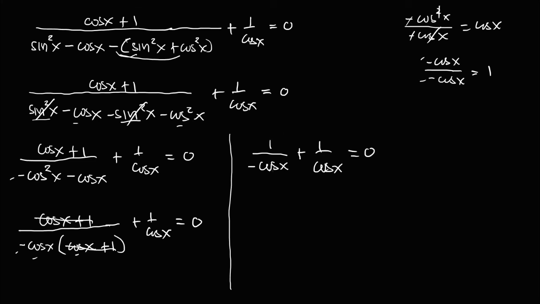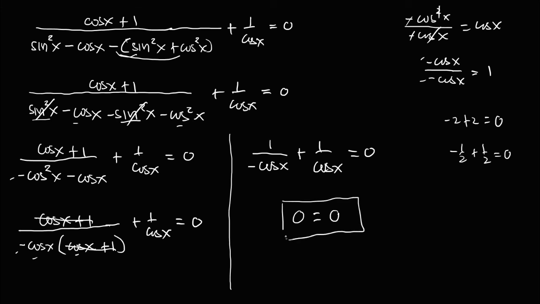So if we have negative 2 plus 2, the answer is 0. If we have negative 1/2 plus 1/2, the answer is 0. So therefore, this 1 over negative cosine x plus 1 over cosine x, that's equal to 0. And 0 is equal to 0. So therefore, proof complete.